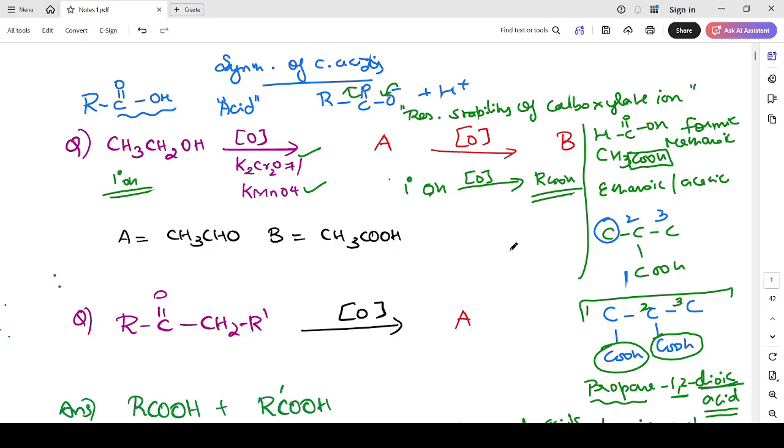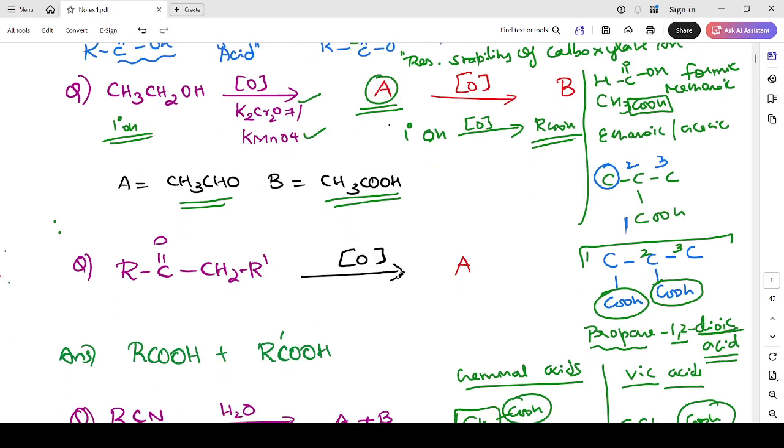But if your question is asking for an intermediate that is formed here, which is further undergoing oxidation, then you mention aldehyde getting formed, and the second product would be acid. This is the first common method of synthesizing carboxylic acid.